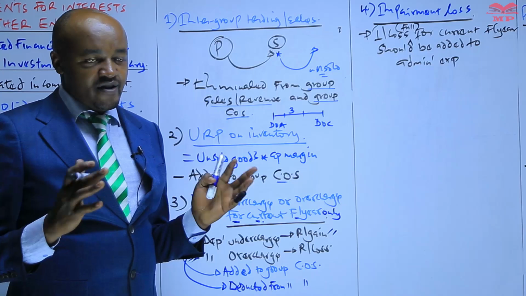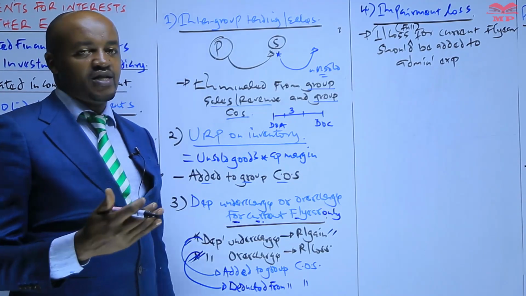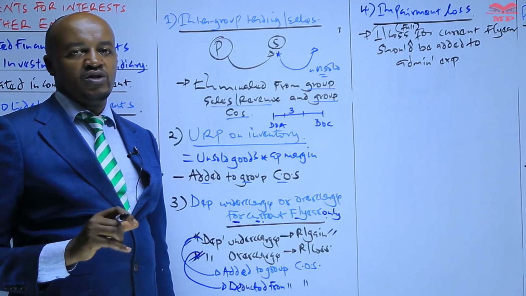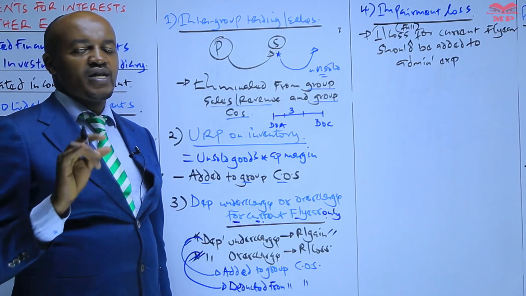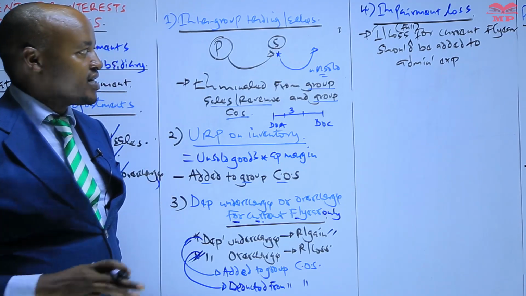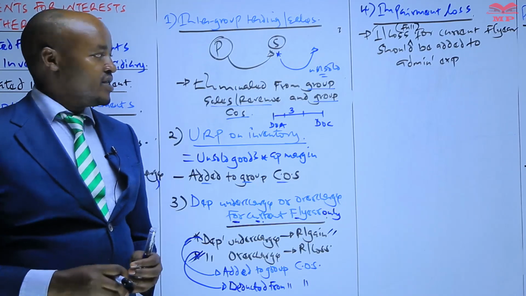So it is the full amount of the impairment loss which you add to the administrative expenses, not the impairment loss attributable to the goodwill of the parent, or attributable to the goodwill of the NCI.